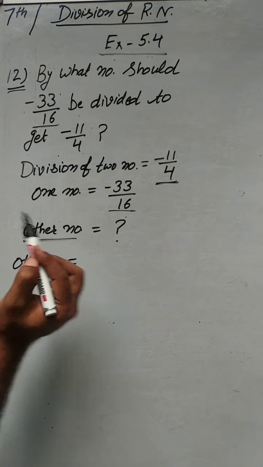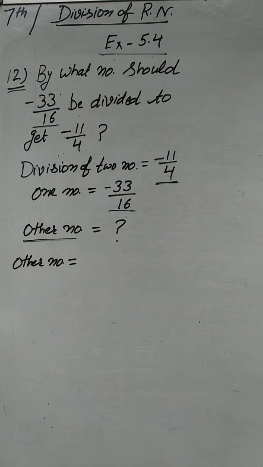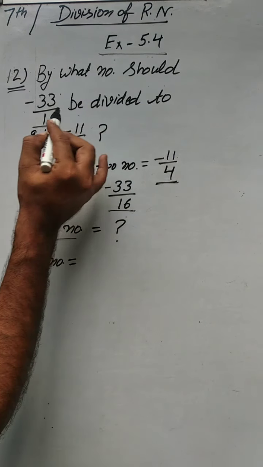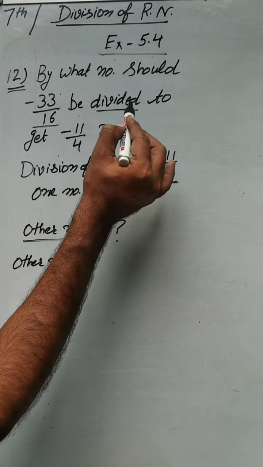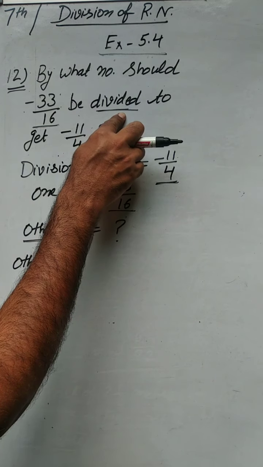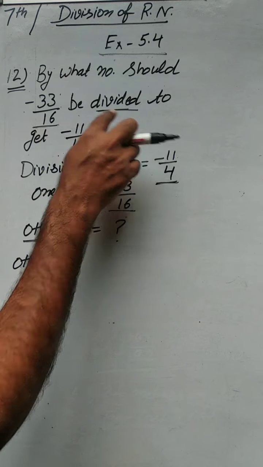You have to find the other number. So same like yesterday, beta, question 6th, 7th and 8th. But there the question was, by what number should this be multiplied? And here we have divided.